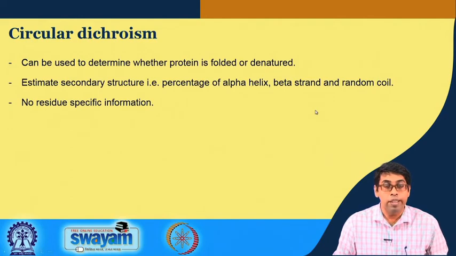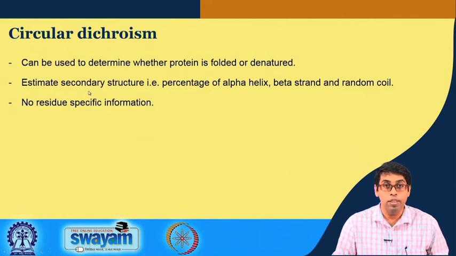Another very important experiment that is used very frequently to analyze protein samples is circular dichroism. It can be used to determine whether a protein is folded or denatured, because the signature of a folded protein and a denatured protein are very different in CD.